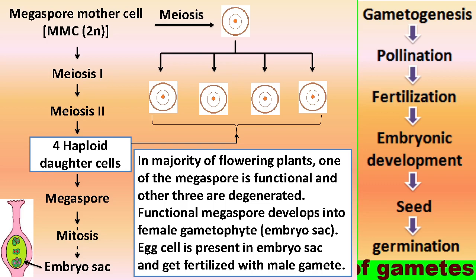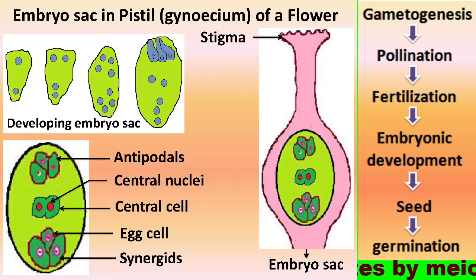Now clear up to here? So this is the production of male and female gametes, in which the female gamete has some extra steps. This is the arrangement of these cells inside the embryo sac.